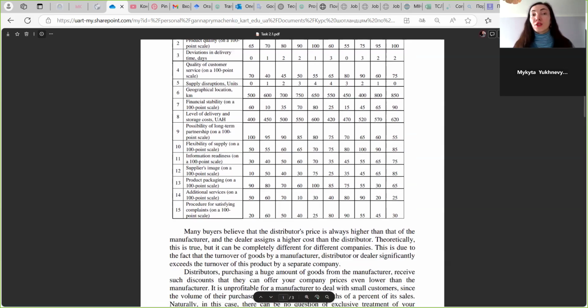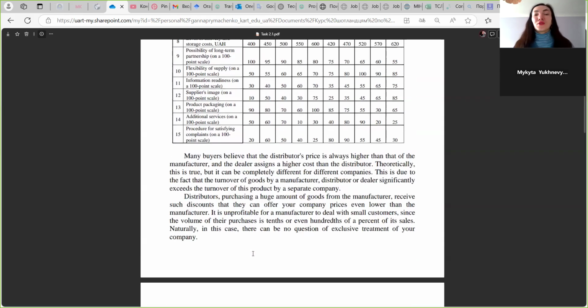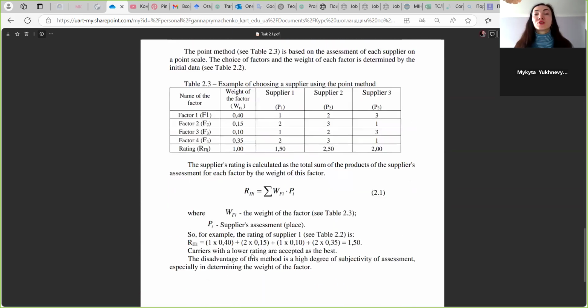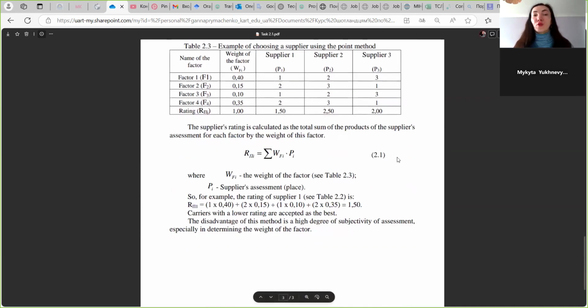And after it, we need to use calculation with our one formula, but we will calculate it 10 times, not only once, because we need to find the rating of every supplier, every delivery company or transport company. So we use this formula 2.1.